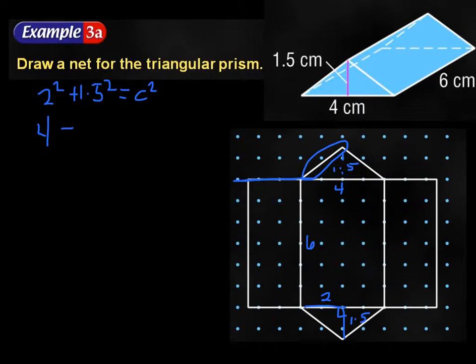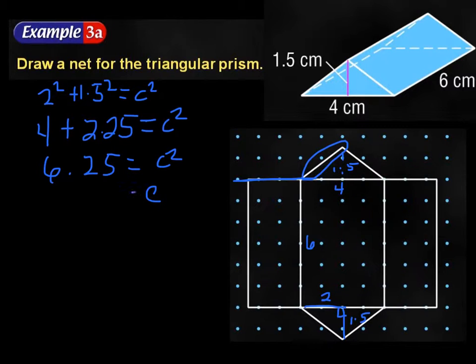So 4 plus 2.25 equals c squared, 6.25. And square root of 6.25 is 2.5. Okay, so another little Pythagorean theorem, but that gave us the length of these two sides. Actually, it's a width, and this would be 6.